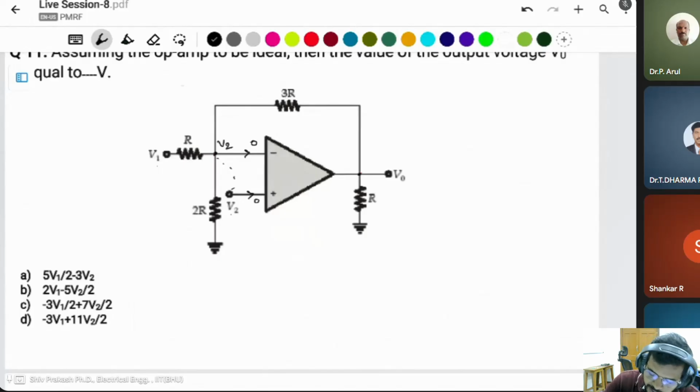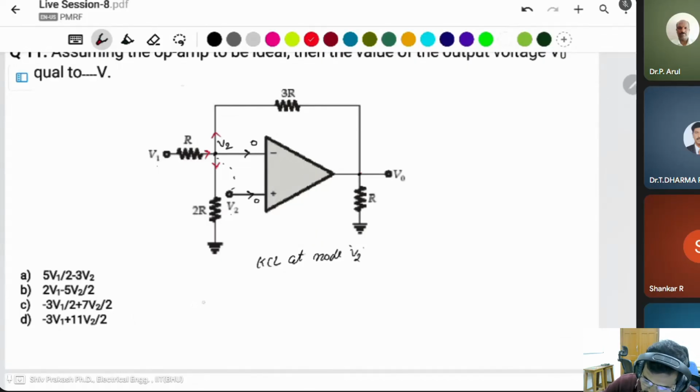You have to apply KCL at node V2. This current is incoming and these two currents are outgoing.